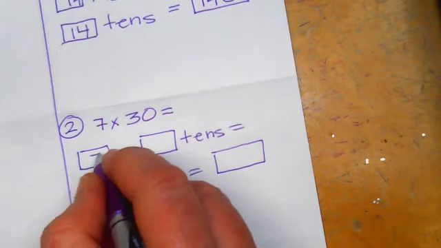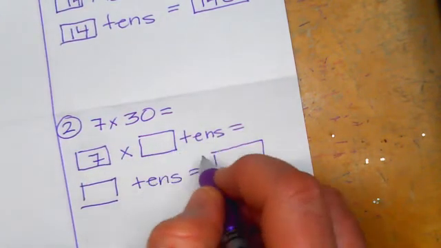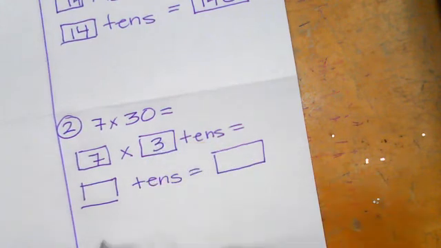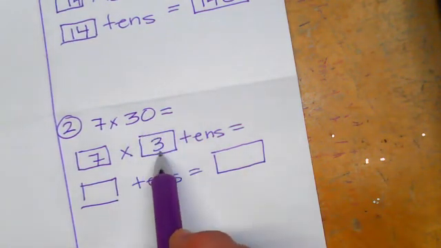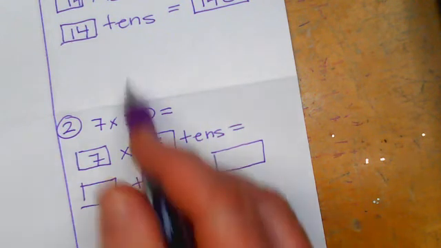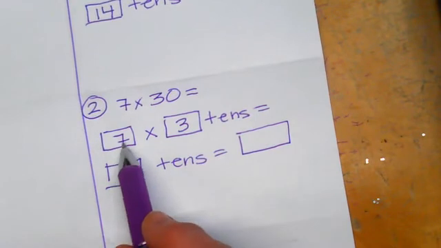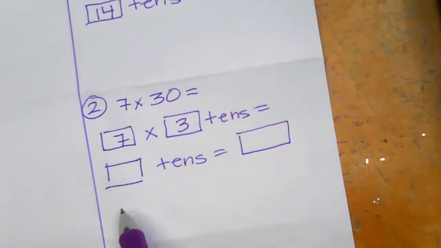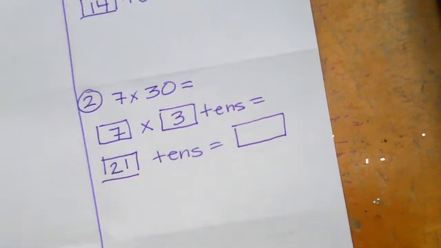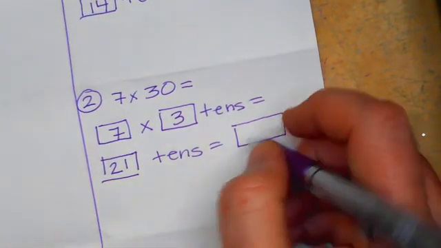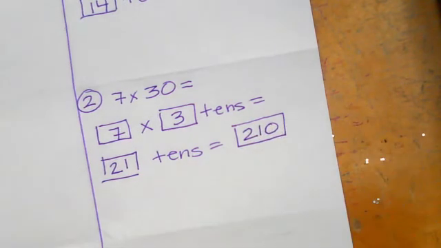So if I have 7 times 3 tens, right? I'm saying that 30 is representative of 3 tens, just like this 10 was representative of 1 ten. I'm going to multiply 7 times 3 tens, and that's going to give me 21 tens. And that gives me 210, right?